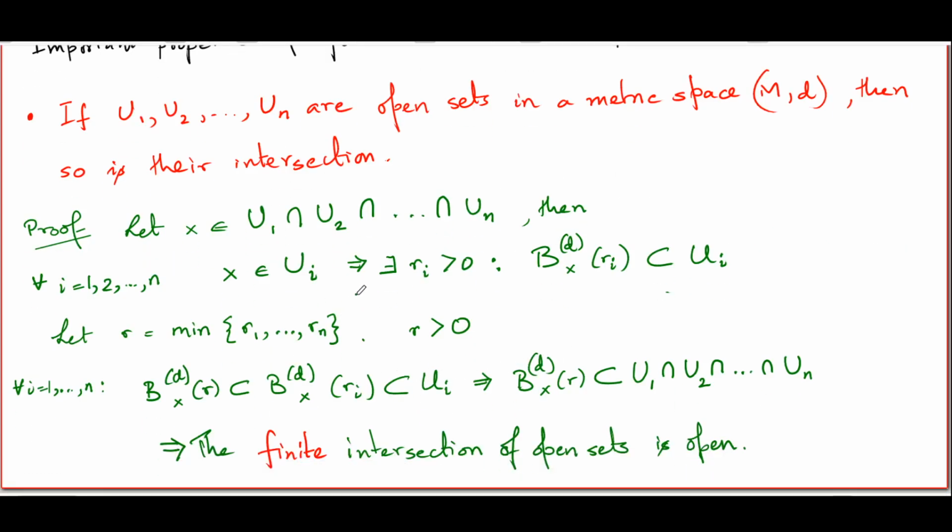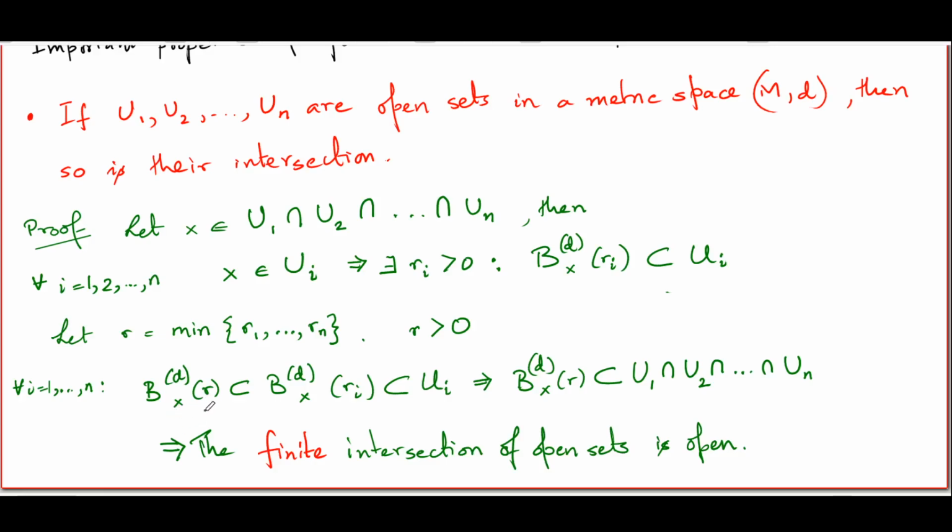So we have one such r for each of the n open sets that we are talking about. The next step would be to look at the minimum of all these ri's. And this r, which is the minimum of a lot of positive numbers, must be a positive number itself. And so we can take r as the radius of an open ball centered around x.